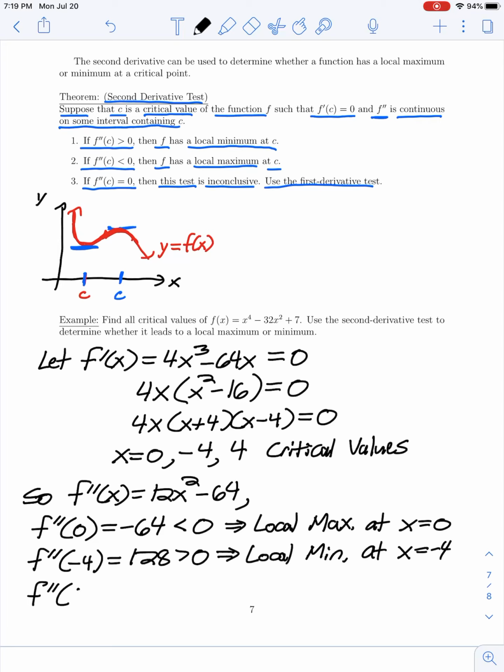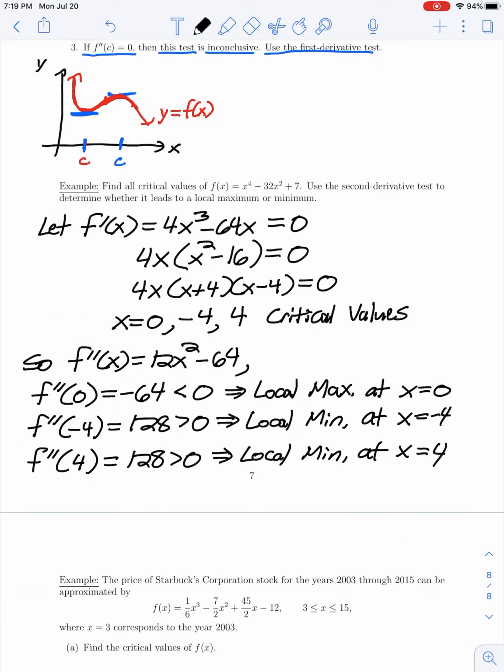And then for our last critical value, f double prime of 4, we again have 128, which is positive, again implying that we have a local minimum at the value x equals 4. All right.